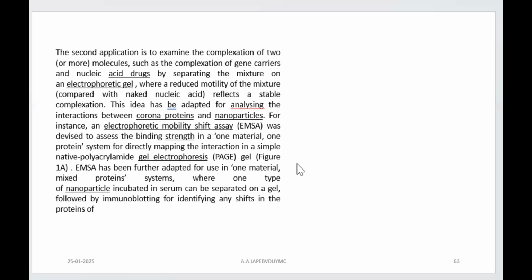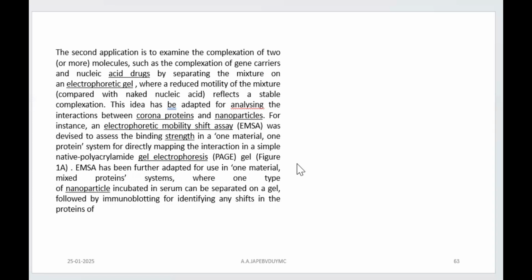So here is an example which talks about analyzing interaction between corona proteins and nanoparticles. Electrophoretic mobility shift assay is the name of it. Shift assay means the position of the protein is going to get altered when it reacts with the ligand, when it reacts with the target drug, or when it reacts with any metal ion, and so on and so forth.